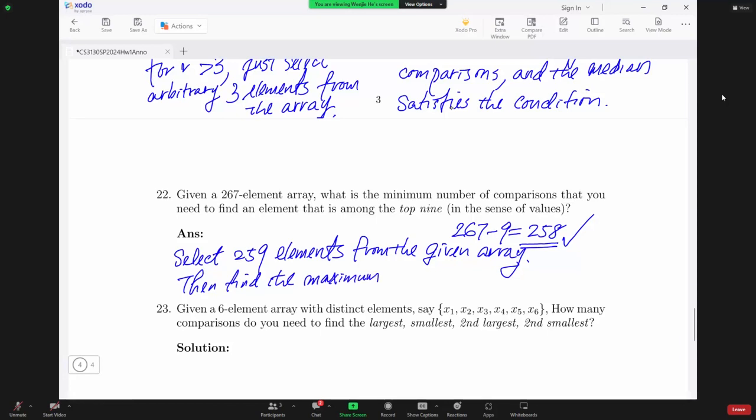Because when we find a maximum, we need n minus 1 comparisons, right? But here, n is this 259. We need 258 comparisons. And this number would work. So that would be the solution.